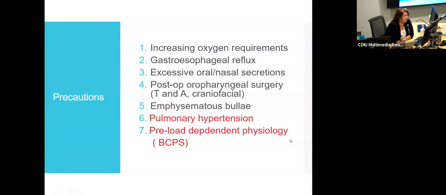Preload dependent physiology, increasing intrathoracic pressure for any child that is preload dependent is something you need to do thoughtfully. It's not a never, but you need to understand the implications.